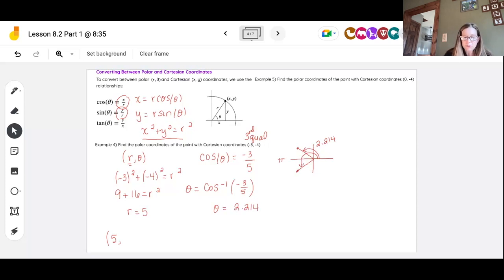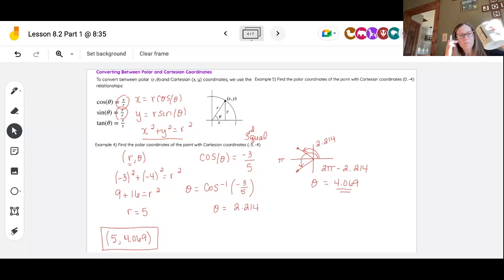And I can find that by taking 2 pi minus 2.214, and we'll get about 4.069, which is in fact the theta value that we need to be in the third quadrant. And thus our polar coordinates are 5, 4.069. So not always nice and neat around the specific circle.